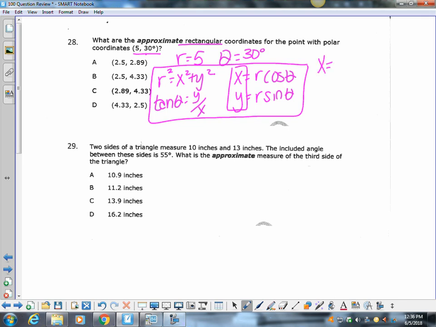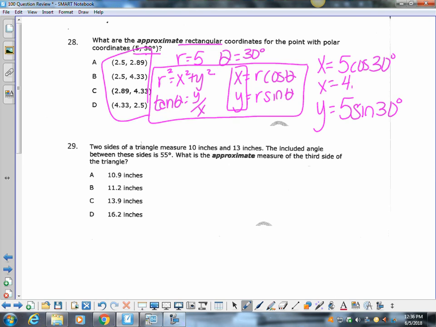So x equals r, which is 5, cosine of 30 degrees, and y equals r, which is 5, sine of 30 degrees. Your answers are all decimals. Go straight to your calculator, make sure you're in degrees, and just straight up type that in. That one's going to give you 4.33. That one's going to give you 2.5. Guys, that's not difficult, but you have to know those formulas.